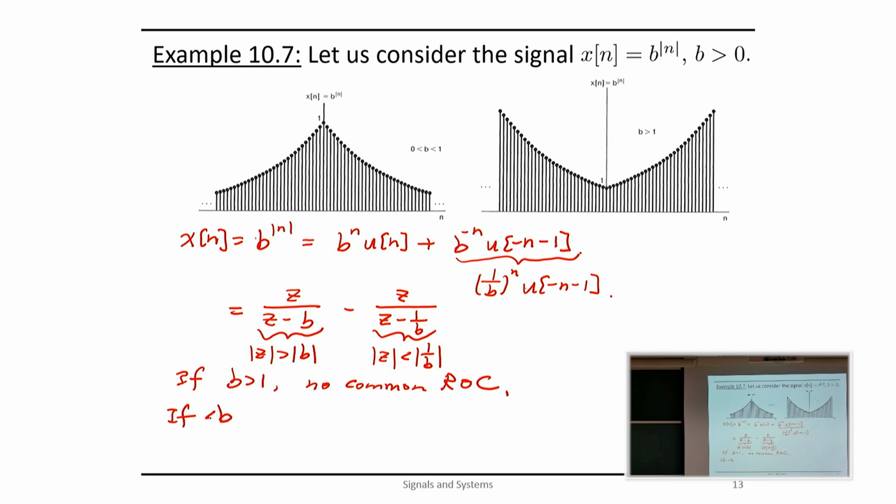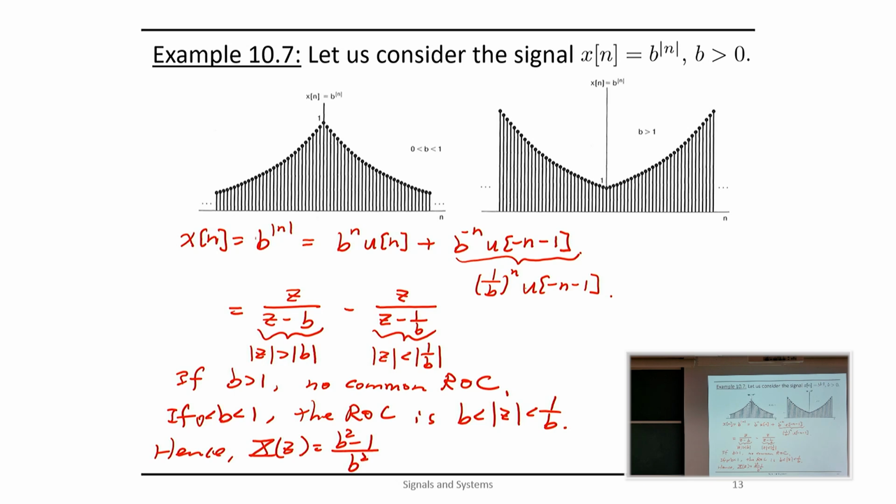b is between 0 and 1, then the ROC is b less than z less than 1 over b. Okay. So hence, if you combine them together, you have X(z) equal to b squared minus 1 over b times z over (z minus b)(z minus 1 over b).